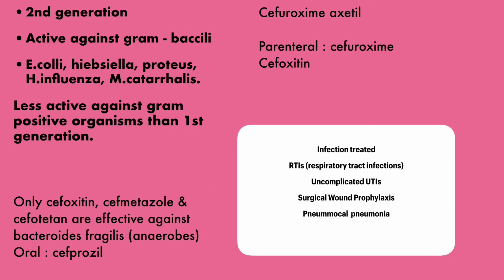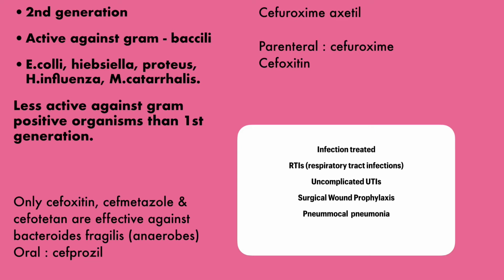So the second generation is active against gram-negative bacilli, which are E. coli, Klebsiella, Proteus, H. influenzae, M. catarrhalis. They are less active against gram-positive organisms than the first generation. Only cefoxitin, cefmetazole and cefotetan are effective against Bacteroides fragilis, which is an anaerobe.